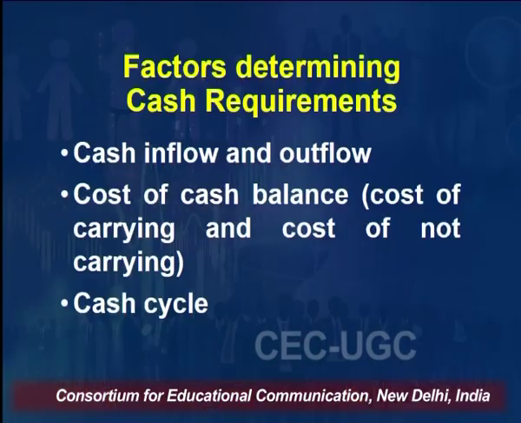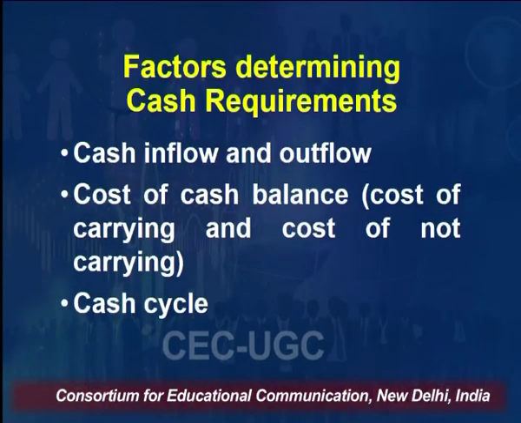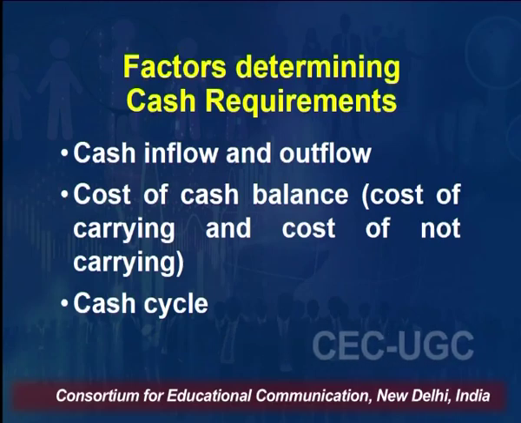Now there are certain factors that determine the requirement of cash as well. That is cash inflow and cash outflow: how much amount is coming in and how much is going out on a regular basis. Cost of cash balances, that means cost of carrying and cost of not carrying. If you are holding cash with you, then what is the cost? That means opportunity cost, something that you are losing.